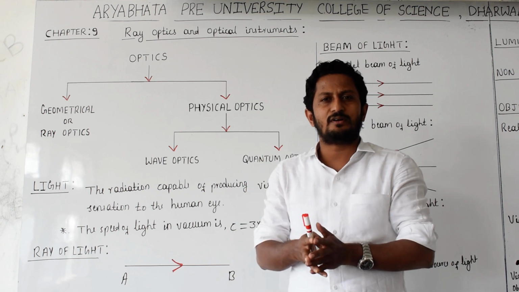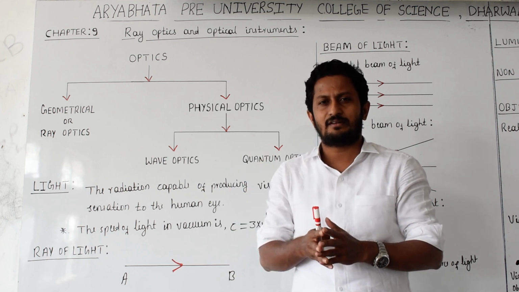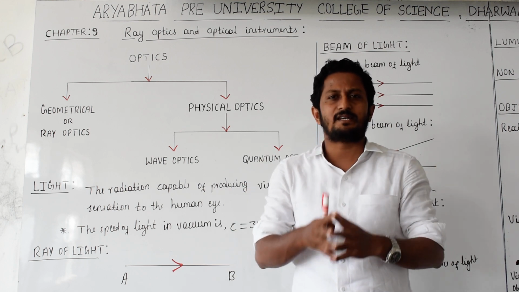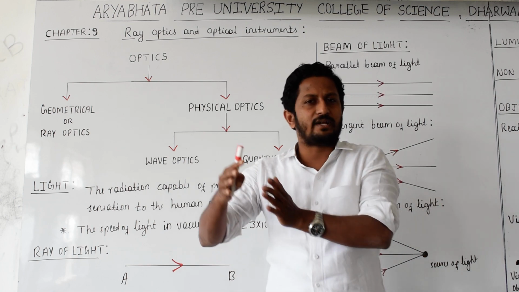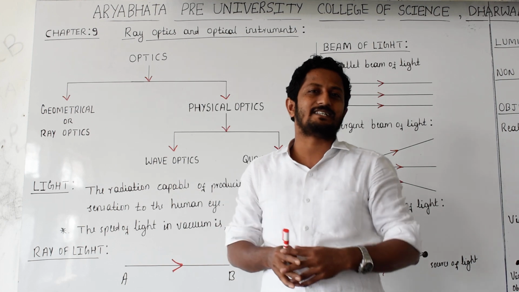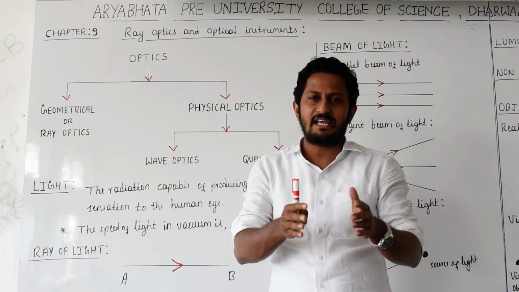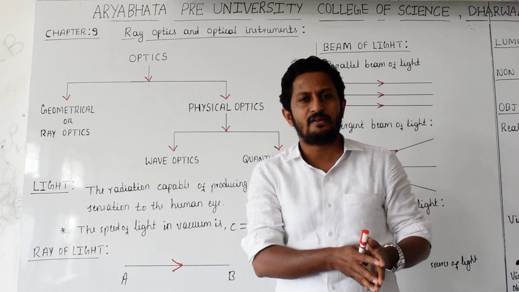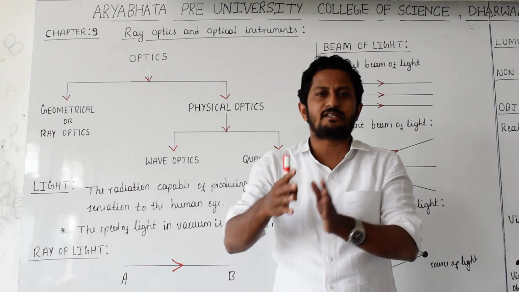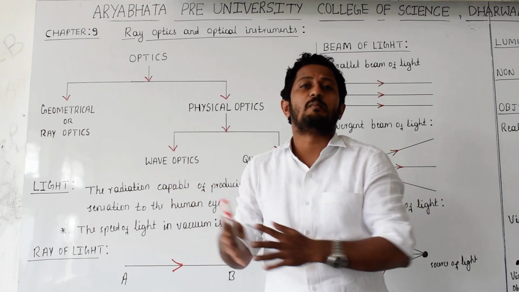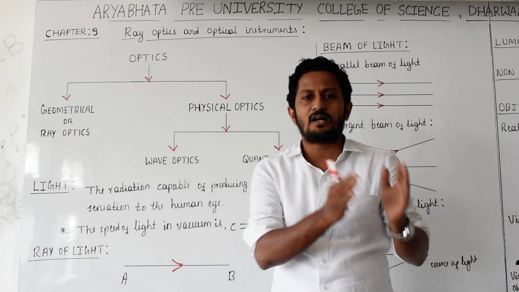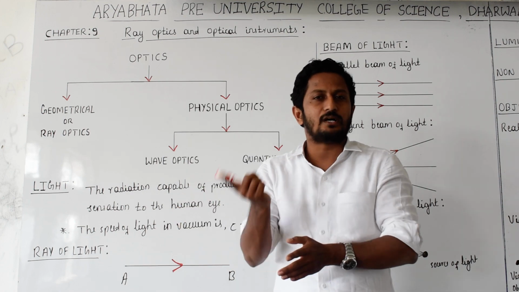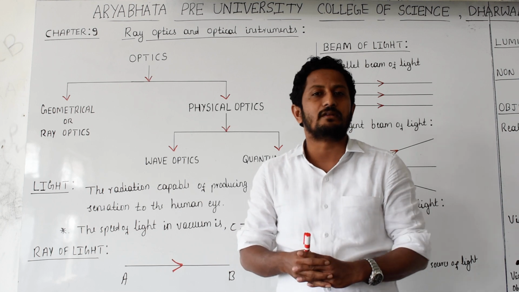Suppose in some reaction mass disappeared, that disappeared mass is going to get converted into energy. Suppose energy disappeared, that disappeared energy is going to get converted to mass. What does he mean? He said mass and energy are both interconvertible.